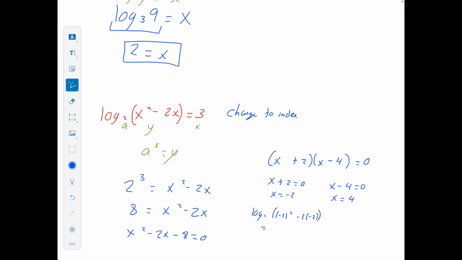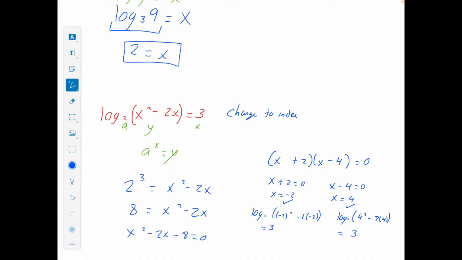Log to base 2 of minus 2 squared minus 2 by minus 2 is equal to 3, so this one works. We'll do the same thing here. Log to base 2 of 4 squared minus 2 by 4 is equal to... Okay, that also gives me 3. So both my answers are correct.